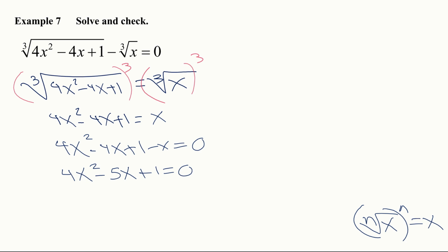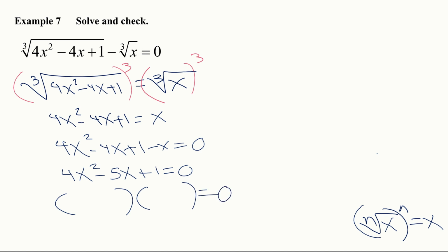Now, do not use this little cross trick that we've been using. The cross trick only works if the lead coefficient, which is the coefficient of the x squared, is 1. Okay, so make sure you do not use that trick when this lead coefficient is not 1. So we won't use that. We'll go ahead and just do trial and error.